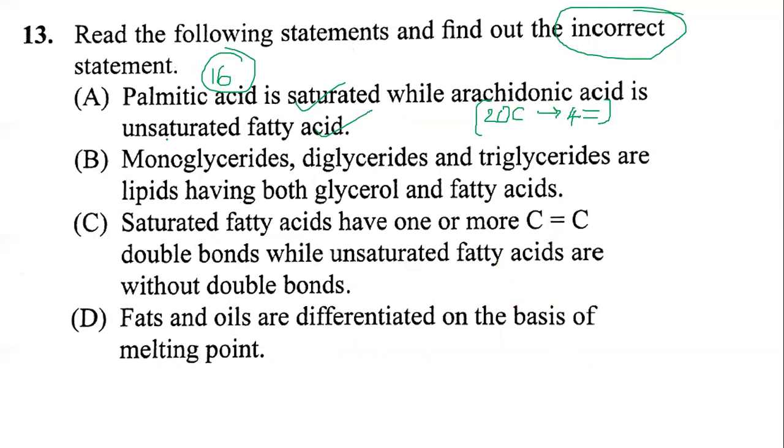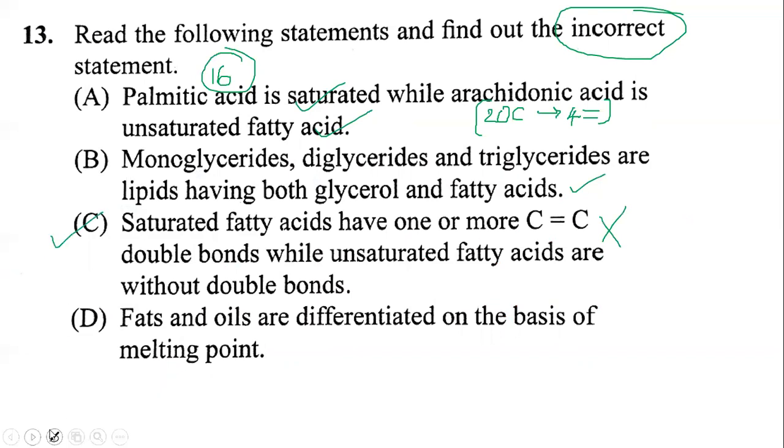Monoglycerides, diglycerides and triglycerides are lipids having both glycerol and fatty acids. Correct. Based upon 1 fatty acid, monoglyceride; 2 fatty acids, diglycerides; 3 fatty acids, triglycerides. That's okay. Saturated fatty acids have 1 or more C double bonds? No, you cannot find that. Saturated means all are single bonds. So this is an incorrect statement.